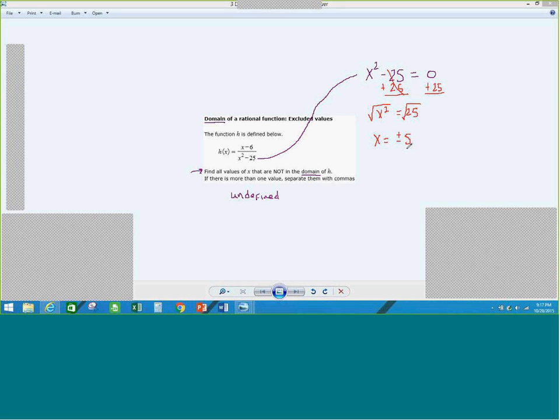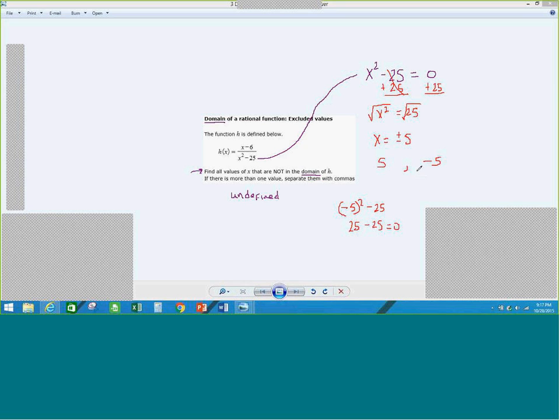I really have 2 answers out of this, right? Because if I were to substitute 5 into our denominator, I would get 5 squared is 25, and 25 minus 25 is still 0. If I were to have -5, and remember when you substitute it in, you would have to substitute with parentheses, wouldn't we get (-5) squared, which is again 25, minus 25, still equal to 0.